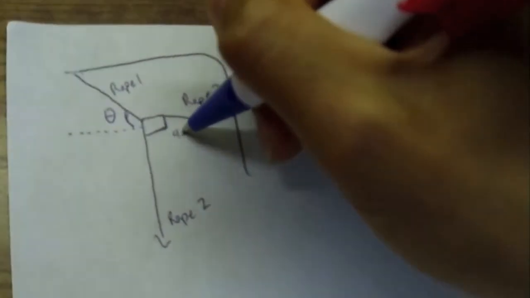This is an angle which we're gonna find, and this is 90 degrees. That's given. And me, Youngju, is holding onto this rope 2. I'm gonna call myself Climber, not Youngju.